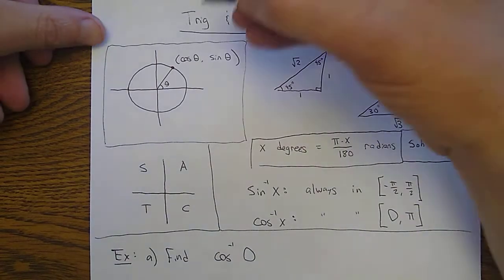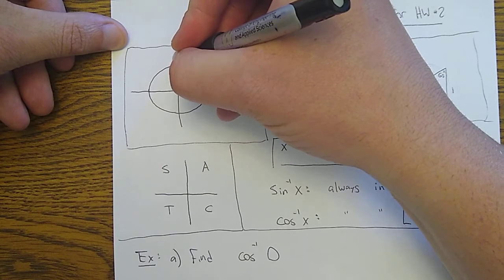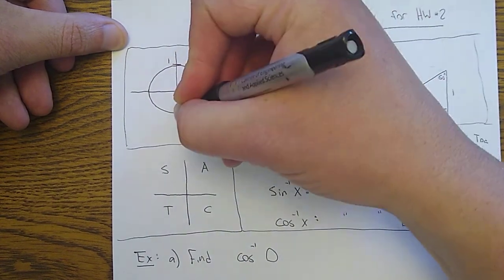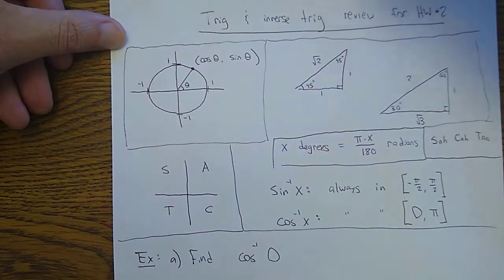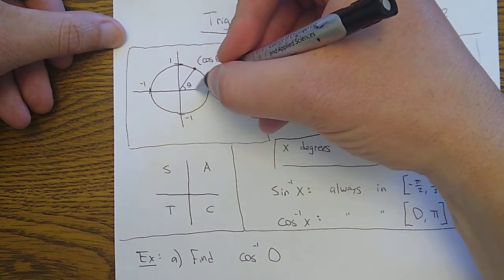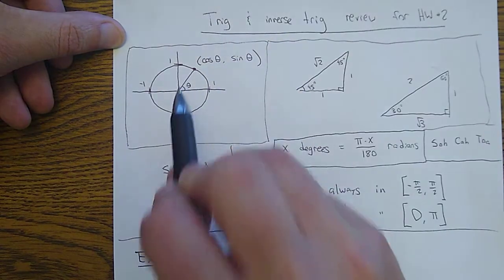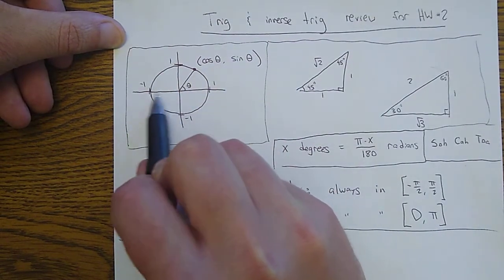So let me talk about this one, and let me emphasize this is supposed to be the unit circle, so this is 1, 1, negative 1, negative 1. But if you have an angle of theta, we typically measure this from the positive x-axis. So this is the positive x-axis, this would be the negative x-axis.